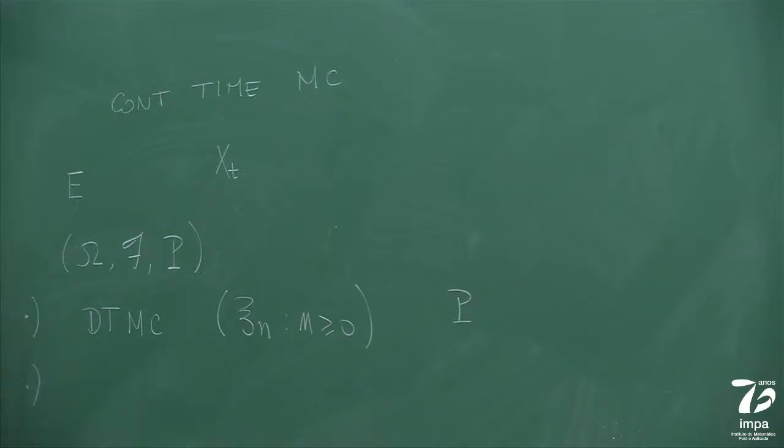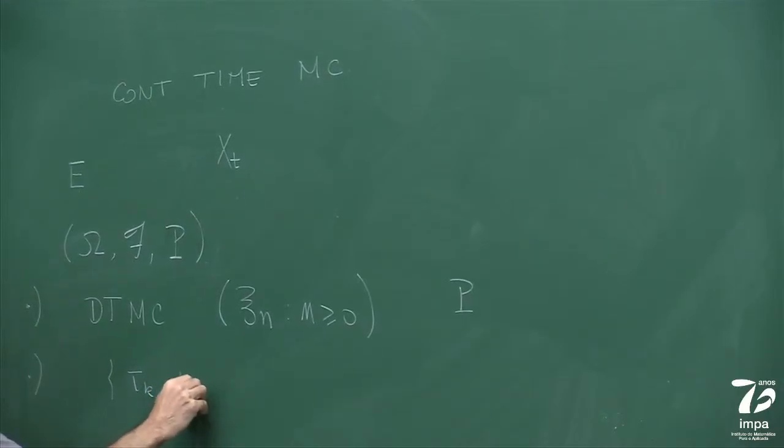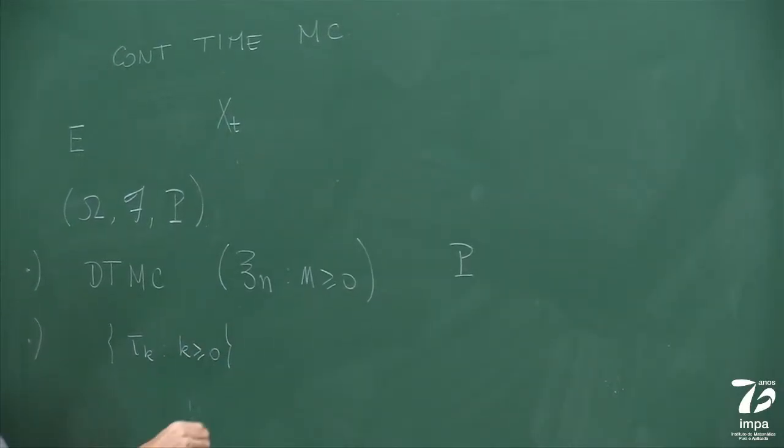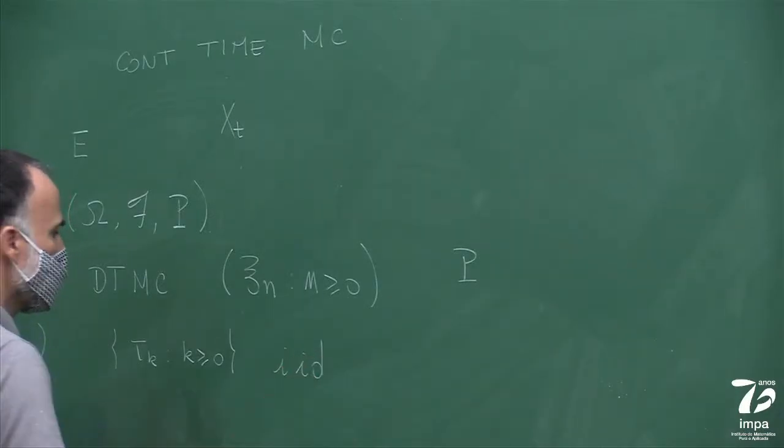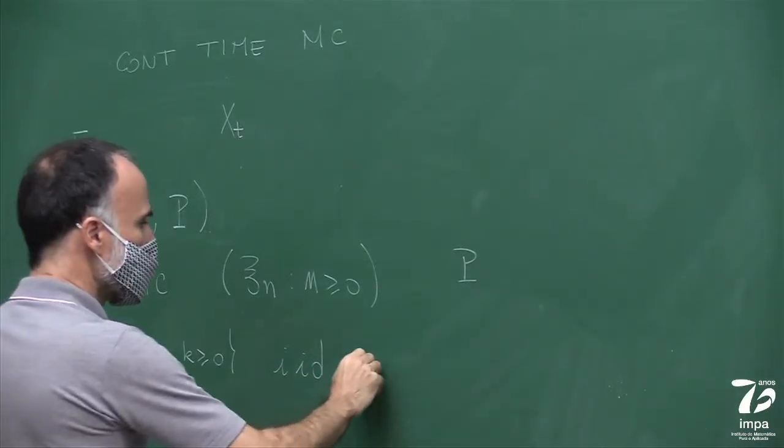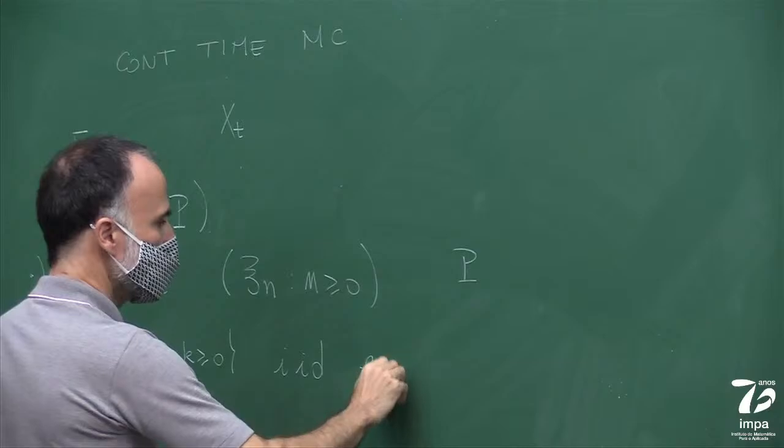And besides that, we also have a family tau k of IID exponential times of mean 1.